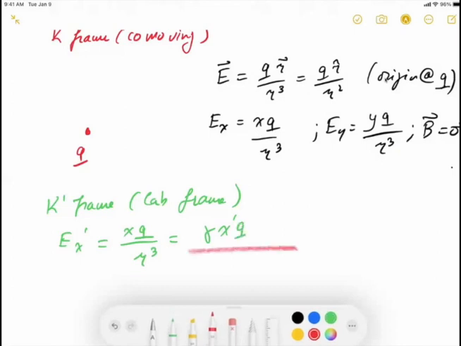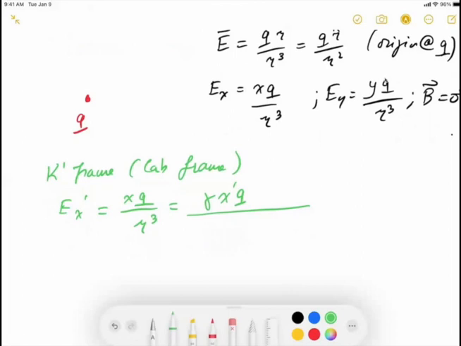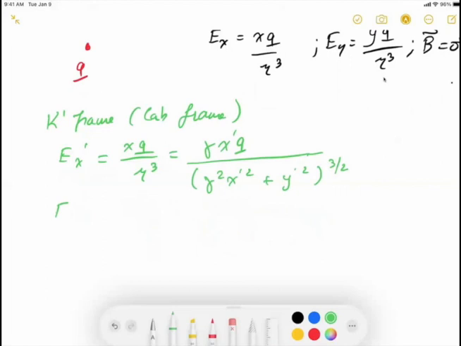And the length here is going to be gamma squared x prime squared plus y prime squared, because that's what the length is, to the power 3/2. Yep. And now Ey prime is going to be gamma times Ey.